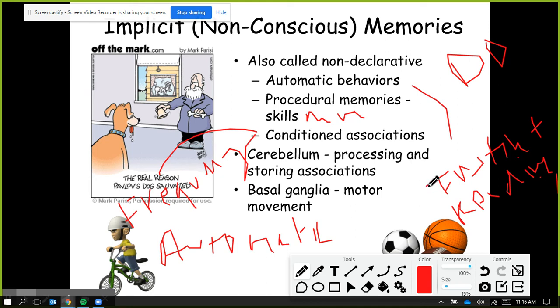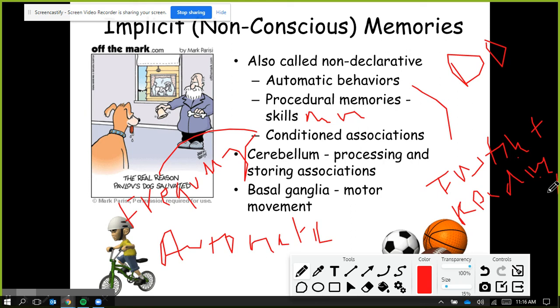Hippocampus is not involved in implicit memories. There are two areas of the brain that are involved, though. Both of these areas are non-conscious areas, meaning consciousness comes from the cerebral cortex.